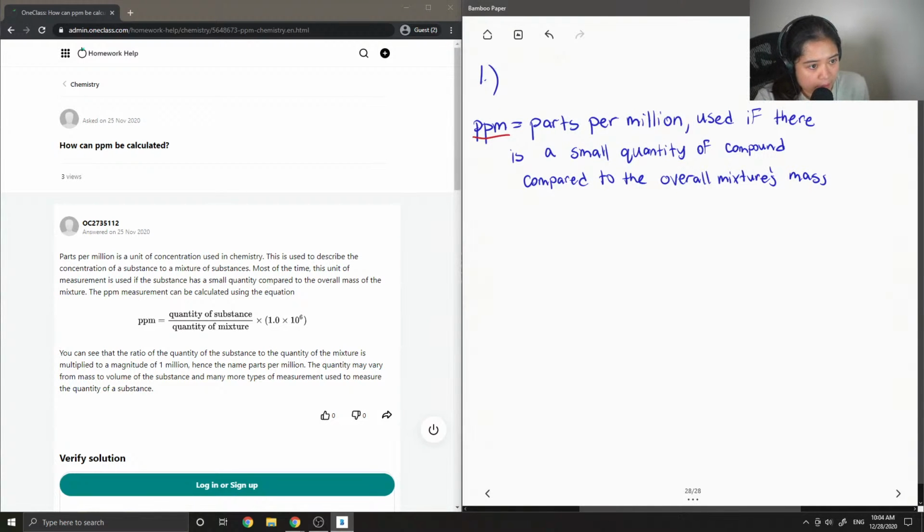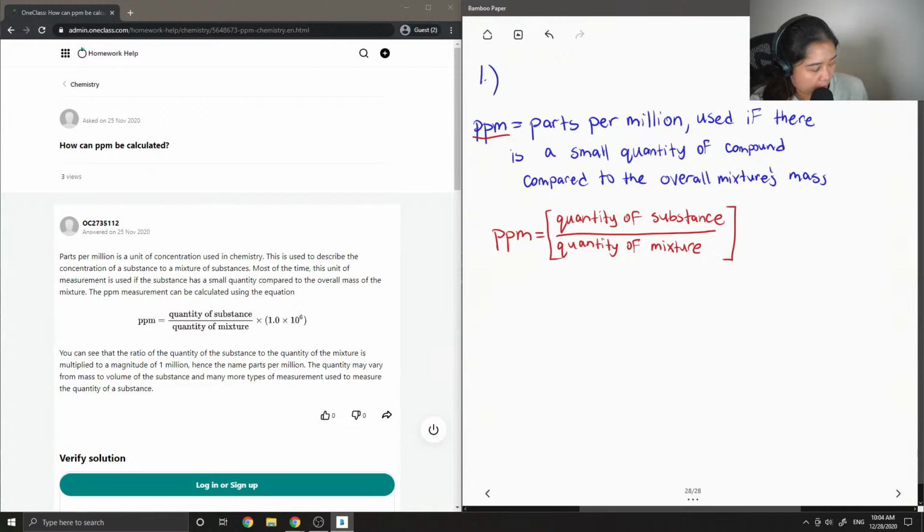So to calculate for ppm, if we have the quantity of the substance, we divide this by the quantity of the entire mixture. And then we multiply this whole thing by 1,000,000.